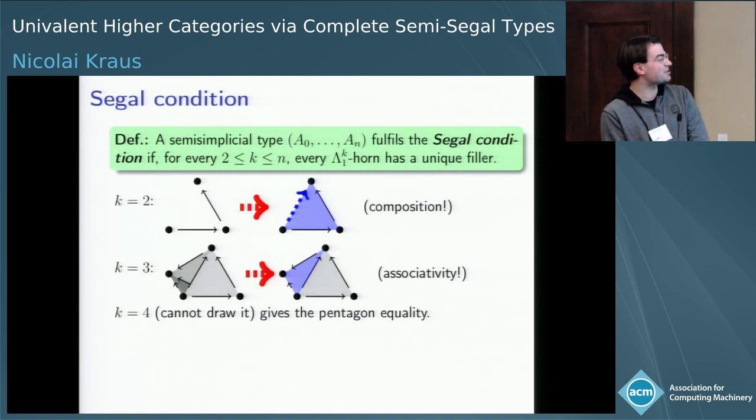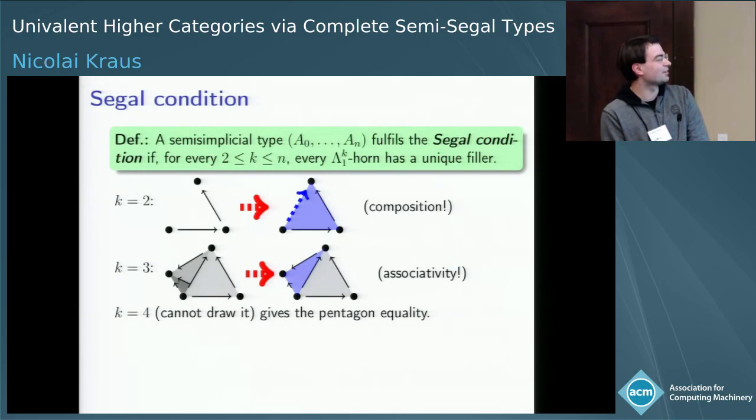So in 2 dimensions, we have already seen this. In 3 dimensions, it would look like this. So we have some tetrahedron where one face is missing. I hope my drawing makes any sense to you. And in this case, we can find this missing face together with something inside, which I cannot draw.